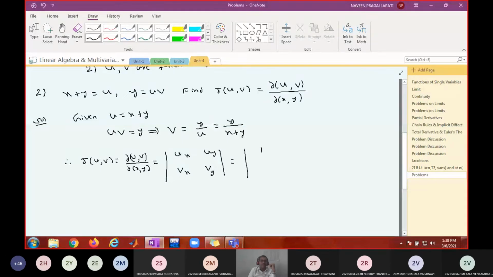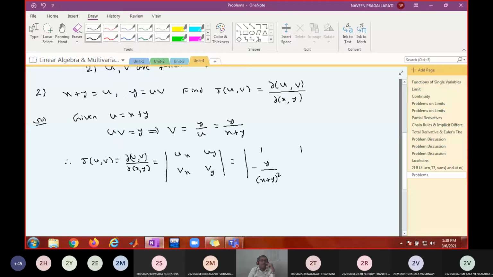What is dou u by dou x? 1. Dou u by dou y? 1. What is dou v by dou x? Dou v by dou x means y is to be treated as constant. 1 by x plus y, derivative with respect to x is y by x plus y whole square.